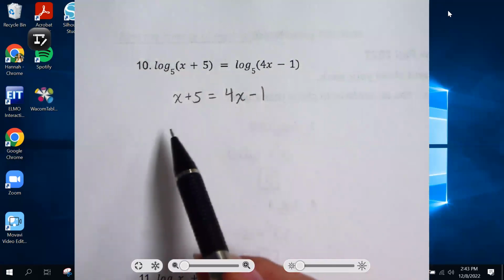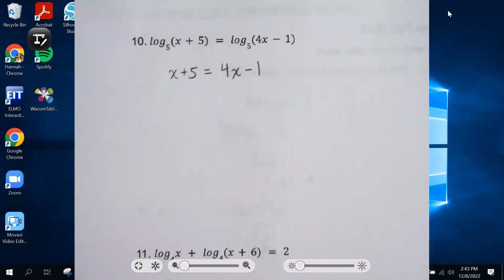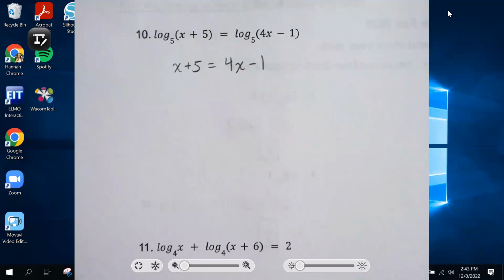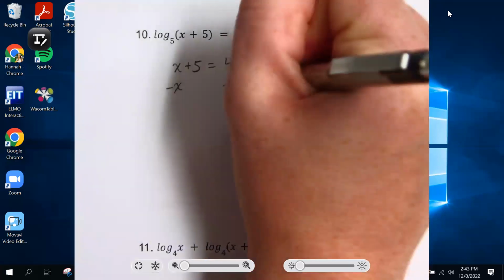There are multiple ways that you could move things around in order to get x by itself. If you did it differently than me, it's not necessarily wrong. So don't start erasing if I do something different than what you did. Wait until you see what the answer is and then decide if you made a mistake. So I'm going to subtract x from both sides.